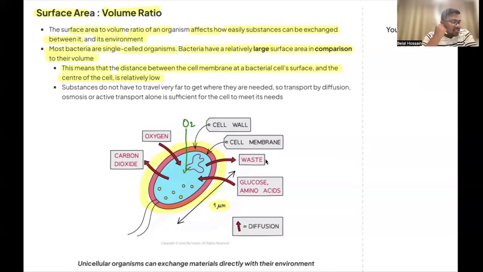Even here, the cells are maybe thousands of layers thick. There are thousands of layers of cells, even in the thinnest portion of our body. So will oxygen be able to diffuse through thousands of cells before reaching the middle portion? It will be very, very difficult.